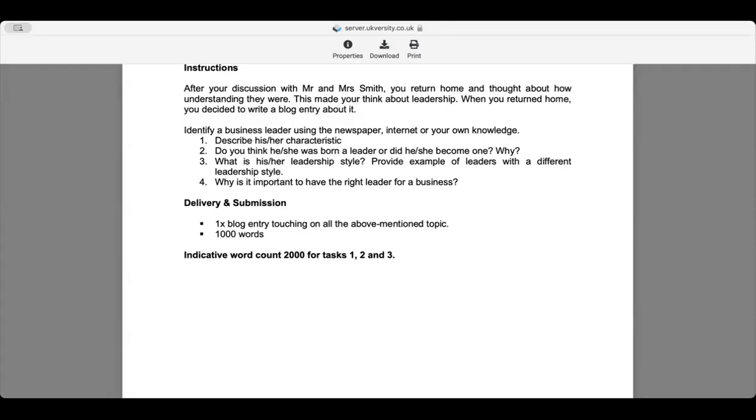Ensure correct referencing and attach a reference list if external sources are used. Finally, submit your assignment via the designated online portal. Ensure that you receive a confirmation of your submission. Keep a backup copy of your work in case of any technical issue. Meeting these submission guidelines ensures that your assignment is graded fairly and assessed accurately.